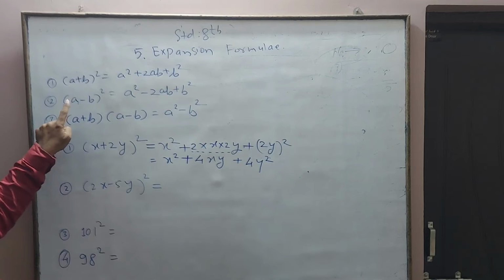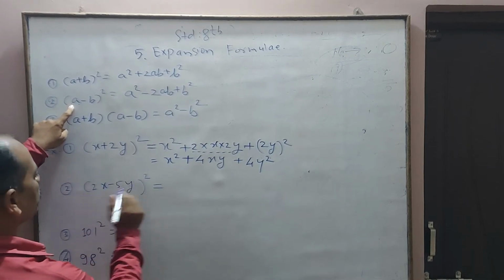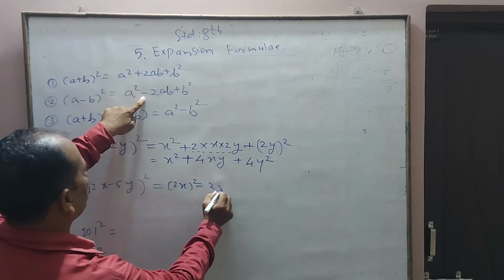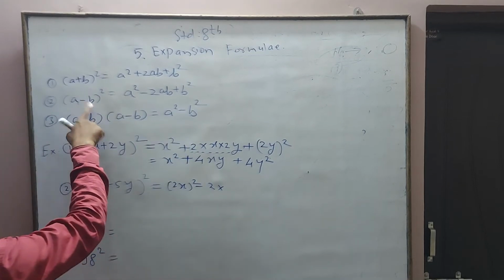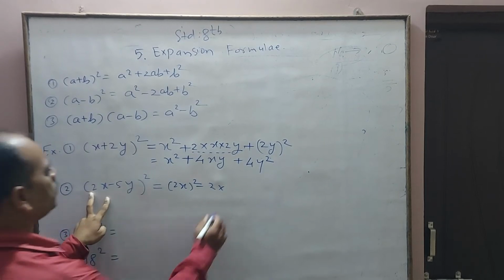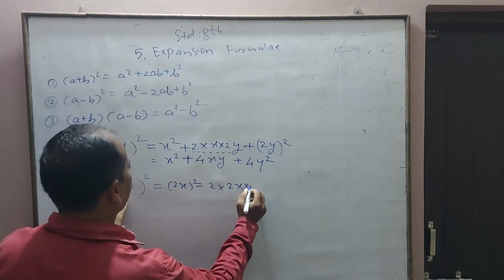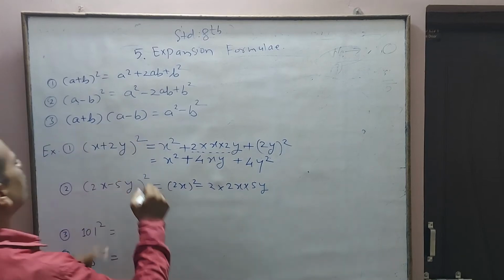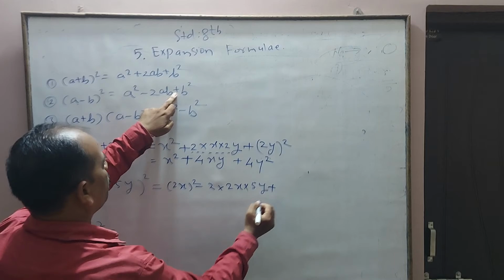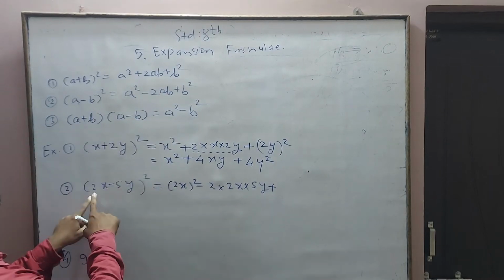a square means first term square, first term is twice x, its square, minus 2 into ab means first term into second term. So 2 into first term twice x and second term 5y. Twice ab plus b square, b means second term square. Which is the second term?